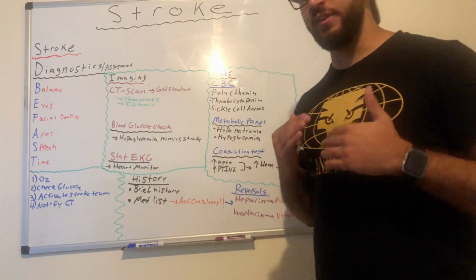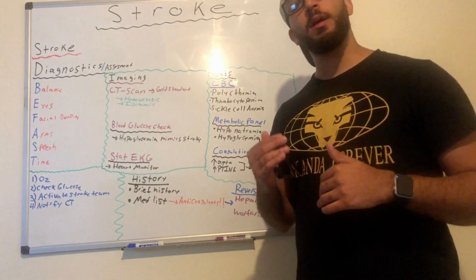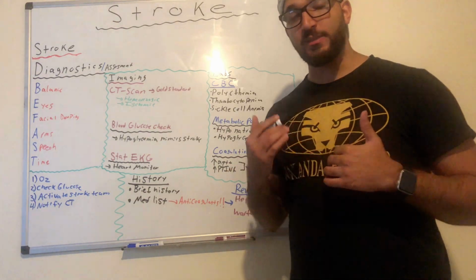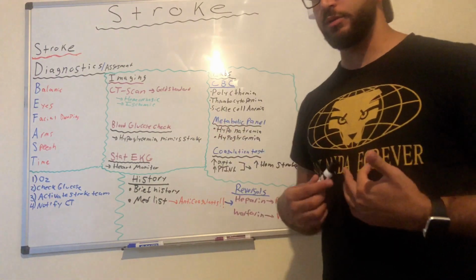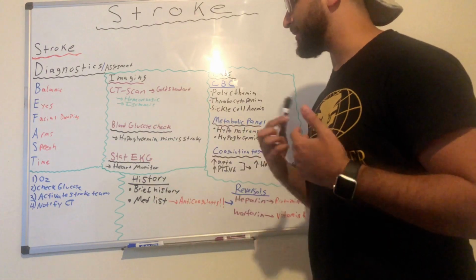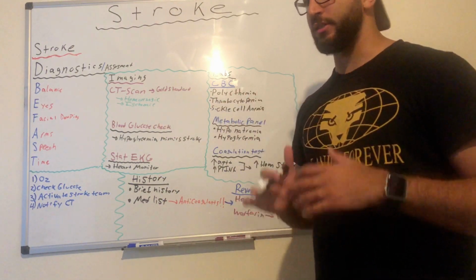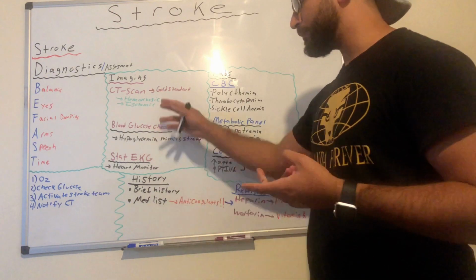Also, you want to activate the stroke team. You want to notify CT that a patient is coming down and they're going to need a CT scan of the brain. Also, you're going to be collaborating with the doctors as well, so you're not going to be alone in this process. For imaging, like I said, a CT scan of the brain is the gold standard. It's going to tell us whether the patient had a hemorrhagic stroke or an ischemic stroke.